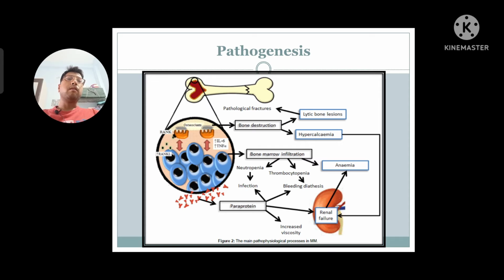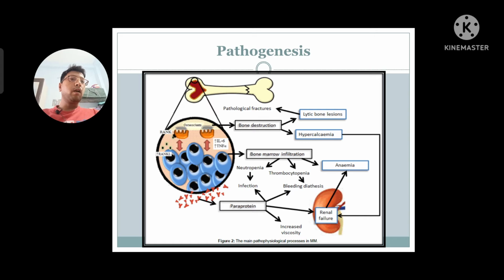If there is any infection and there is neutropenia, we cannot overcome the infection, and the infection will be further aggravated. When there is thrombocytopenia, there is a problem of bleeding diathesis, with multiple hemorrhages in the body, and the animal may die due to the hemorrhages.